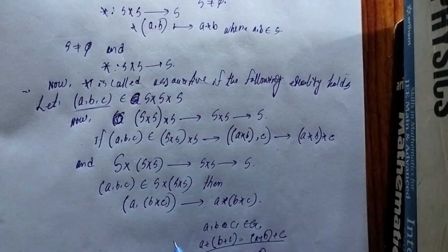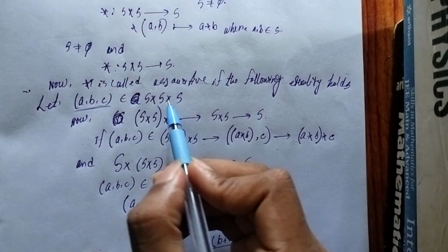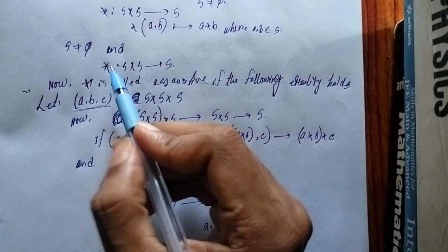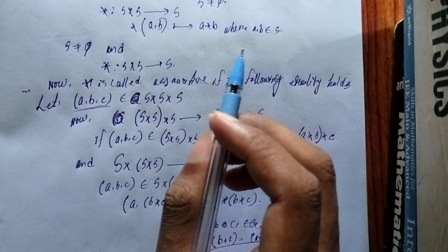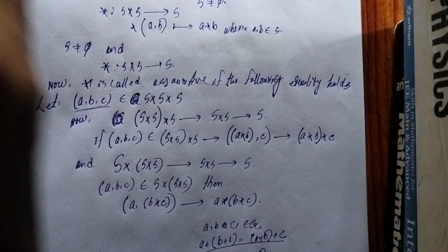But if you go through this definition, you will see that I am just taking the ordered triplet from S cross S cross S. Let's say S is a non-empty set and star is a binary operation. We are just taking an ordered triplet (a, b, c) so that we cannot change the order.